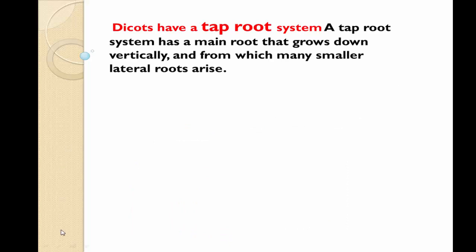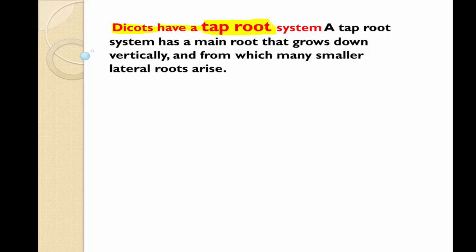So moving to the first type, that is taproot system, where it is present. The taproot system is a very common character observed in the dicots. Then what are dicots? Dicots are the angiosperms where the seed consists of 2 equal parts or cotyledons. The parts or very thick structures of the seed are called cotyledons.